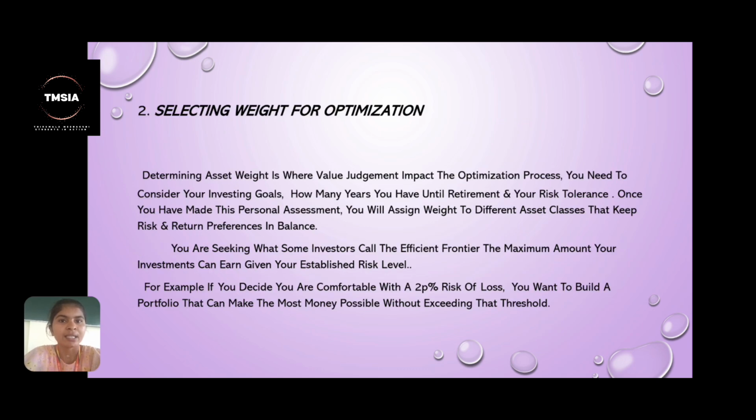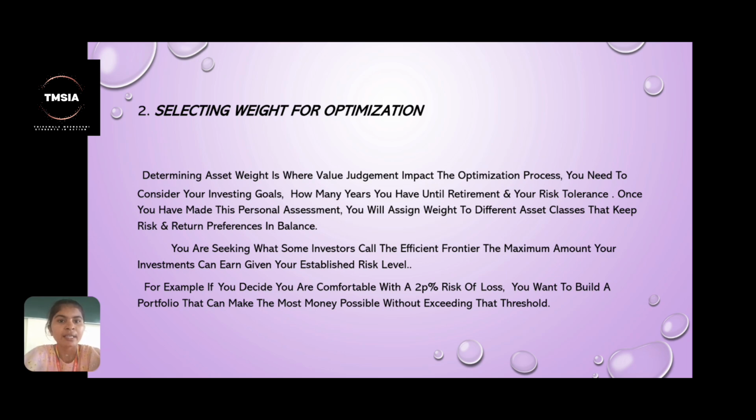Second strategy, selecting weight for optimization. Determining asset weight is where value judgment impacts the optimization process. You need to consider your investing goals, how many years you have until retirement and your risk tolerance. Once you have made this personal assessment, you will assign weight to different asset classes that keeps risk and return preference in balance.